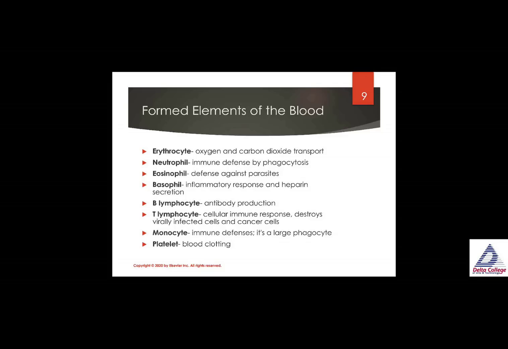Basophils help in the inflammatory response and in secretion of heparin within the body. B lymphocytes are antibody production. So B lymphocytes, B cells, antibodies. T cells are the cellular immune response that destroys virally infected cells and cancer cells.